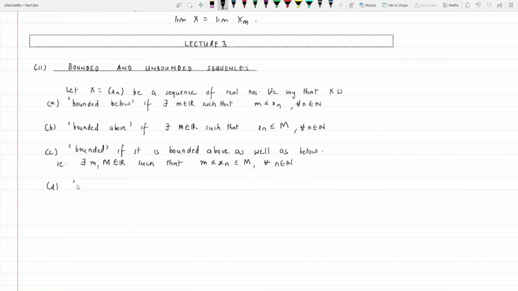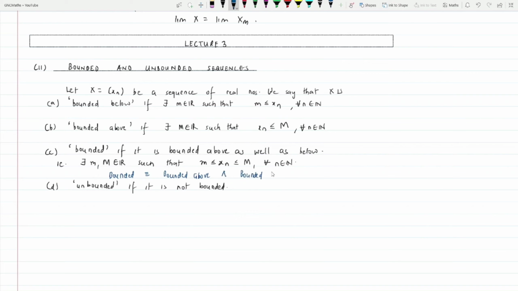And lastly, we say that the sequence is unbounded if it is not bounded. Now from part C, we can say that bounded means the sequence is bounded above and bounded below.